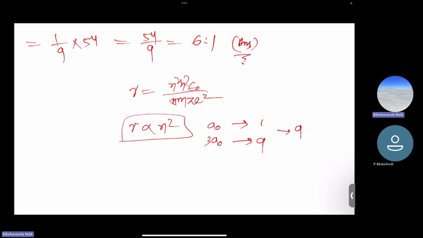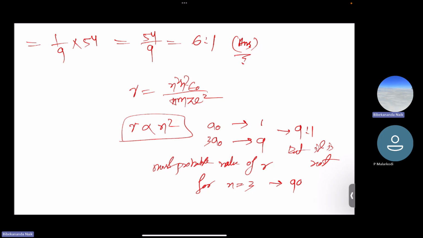So generally it should be 9 is to 1, but it is not. But if you remember in the last interaction session, we had solved a problem where we had to find the most probable value of r for n equal to 1 and n equal to 3. In that case, the most probable value of r for n equal to 3 we got as 9a0, which is inconsistent with Bohr's theory.